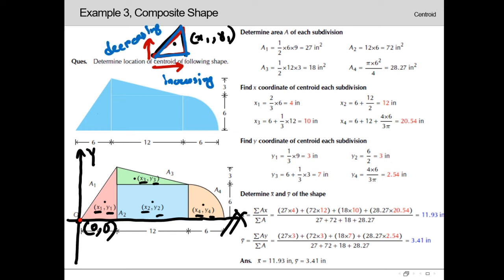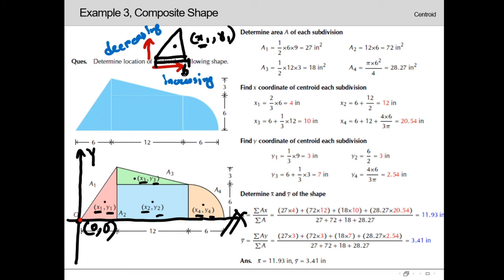If we start from this point and find a section which is increasing along the x-axis, then x1, the value of the x coordinate, will be 2/3 of the total length along the x-axis.